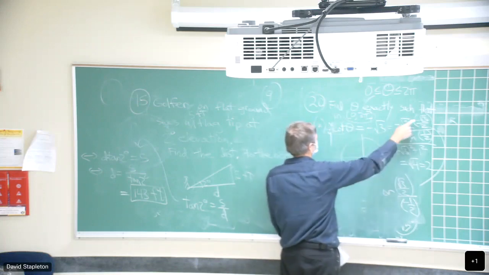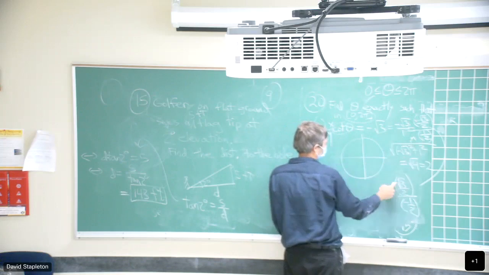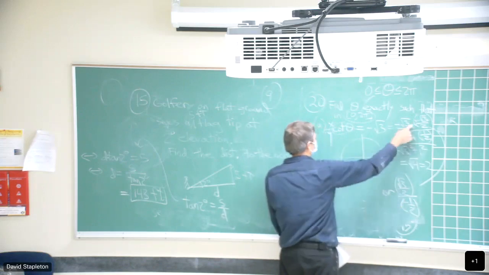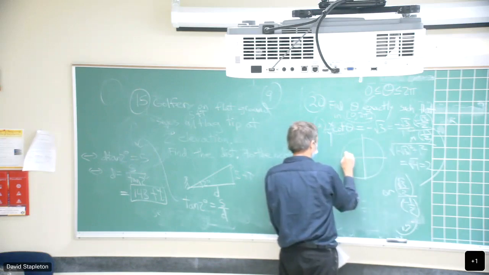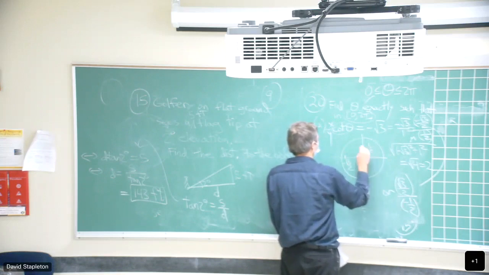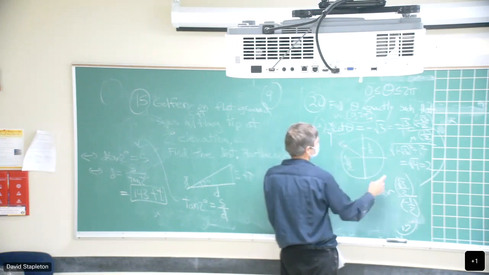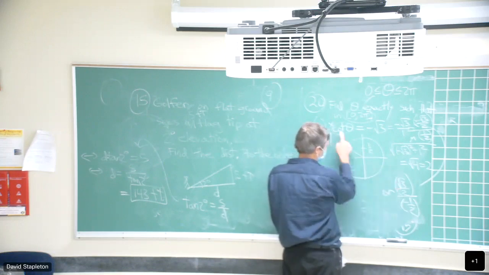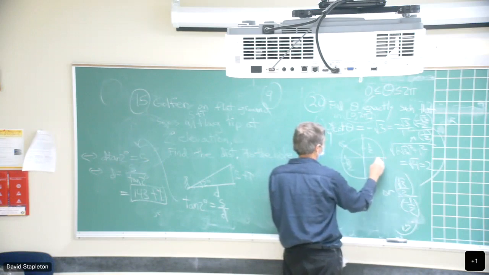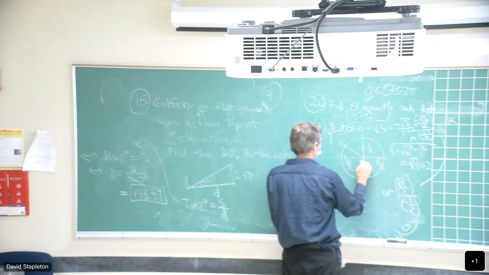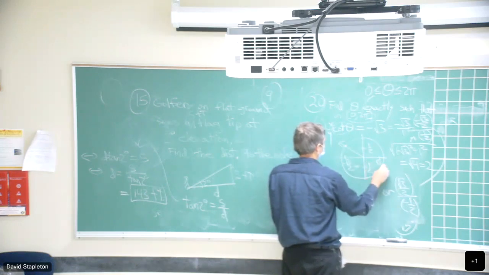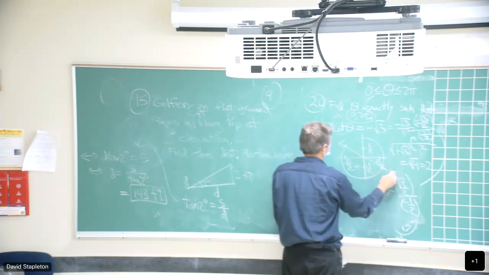On the unit circle, you can either have this x and this y, or you have this x and this y. So this one would be x negative, minus square root 3 over 2 and a half, and you get this point. It'll be that angle. Or you can put x to be plus square root 3 over 2 and y to be minus a half. And you get this point. And they're always directly opposite.